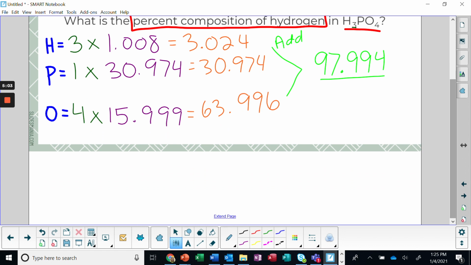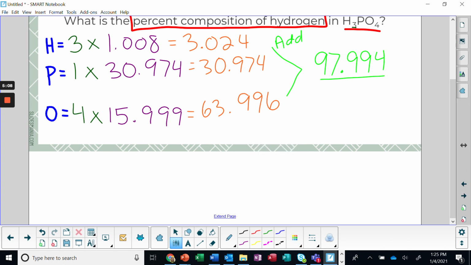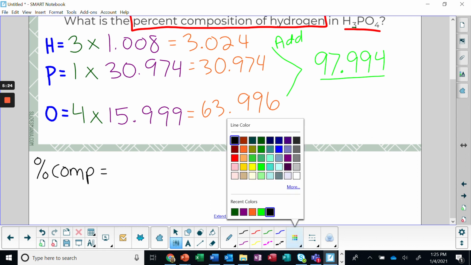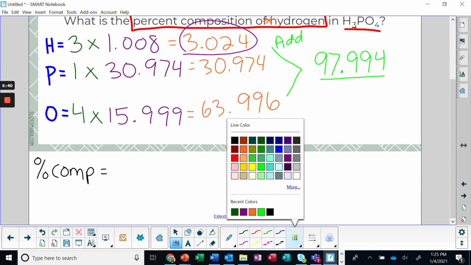Okay, now we're going to plug it all in to the equation. So the equation is that the percent composition is equal to the mass of the element they're asking me about, and they are asking me about hydrogen up here, right? So I'm going to take the mass of hydrogen, which is right here. I'm going to plug it into the top, right? Let me step back. Let me write it out here for you.